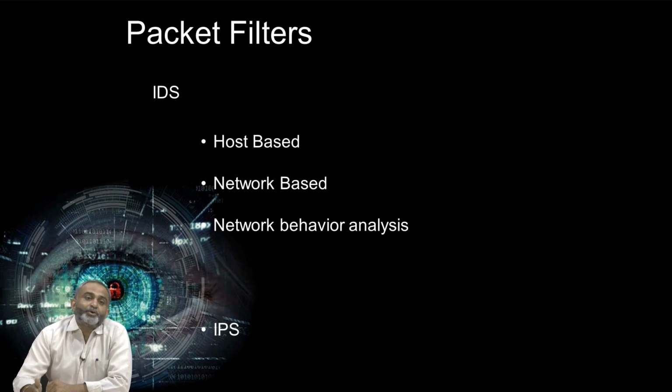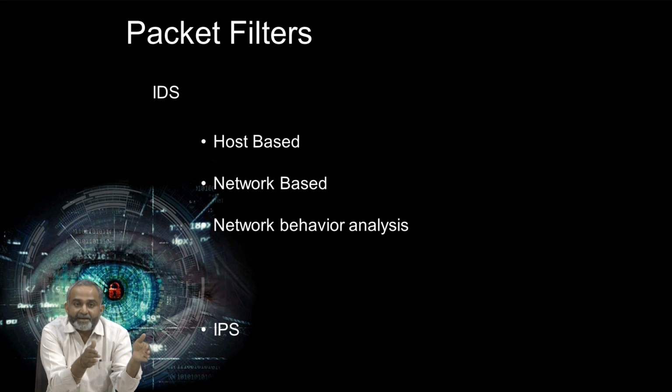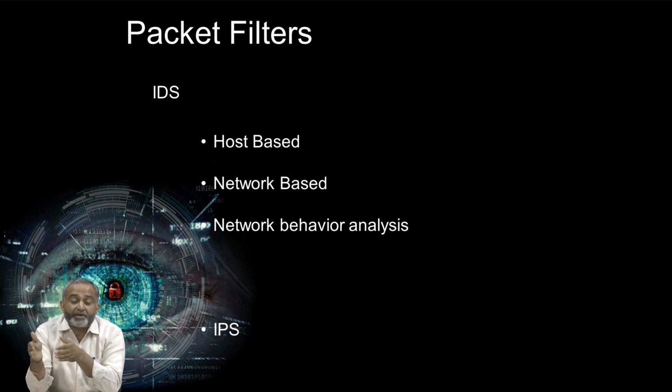Now, the rule based intrusion detection systems, we can say, behave in a static manner. Their behavior is static. So, the pre-configured rules are there, and based on the pre-configured rules, this kind of rule based intrusion detection system classifies each and every traffic or each and every packet.